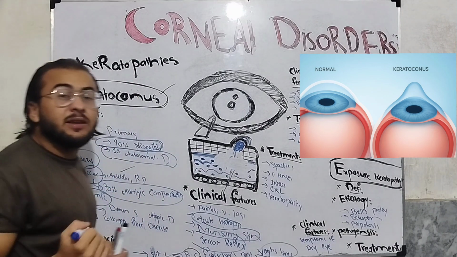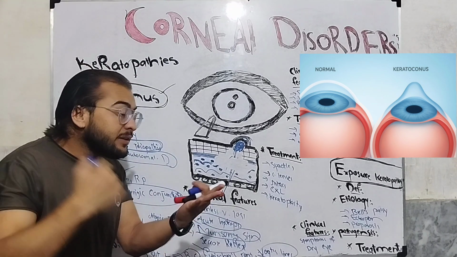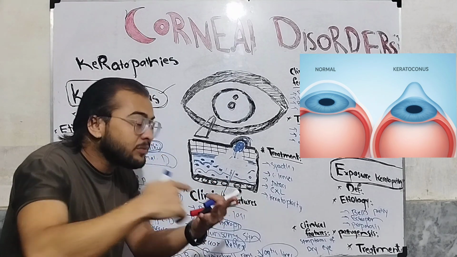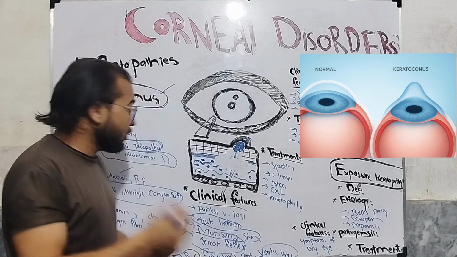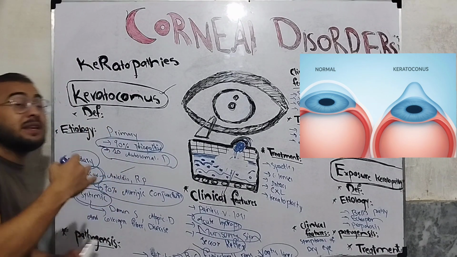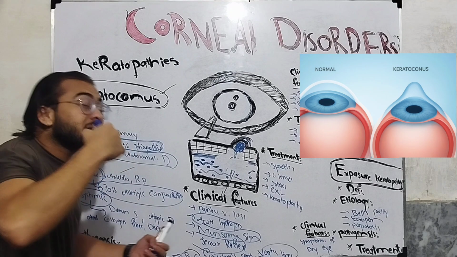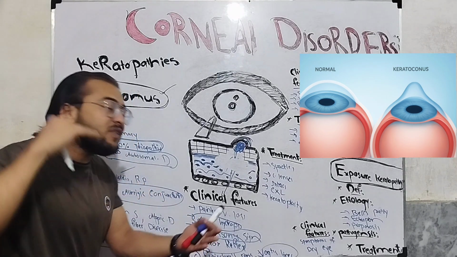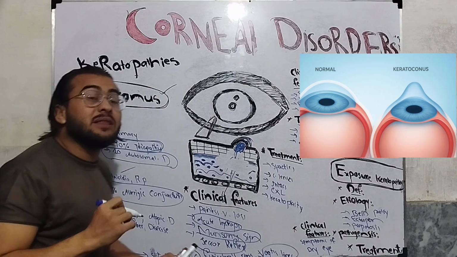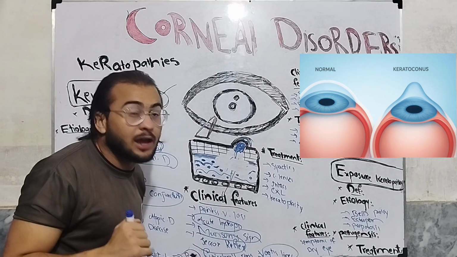Then we have the secondary keratoconus. Secondary keratoconus can be due to ocular problems and can be due to systemic problems. The ocular problems are, for example, it can occur with aniridia, it can occur with retinitis pigmentosa, and in 70% of cases, the secondary keratoconus occurs with allergic conjunctivitis among ocular causes.